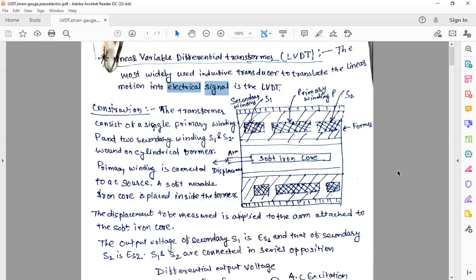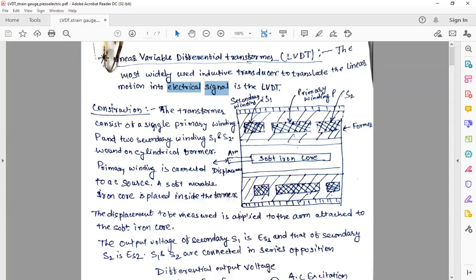If the core moves from left to right or right to left, the flux cut by the secondary winding changes, and due to this change in flux there is a change in the voltage, which is observed as a change in the linear motion of the iron core.